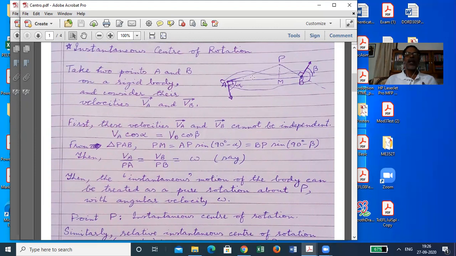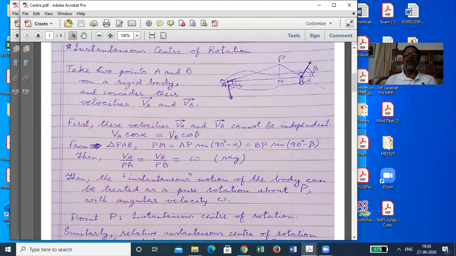So since this is perpendicular, PM is AP times sine of this angle, which is sine of 90 degrees minus alpha. That is this. Similarly, you can get it from here.